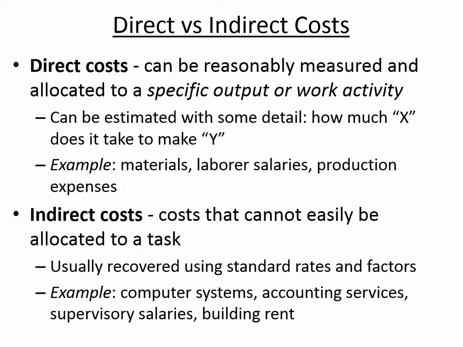And the reason why building rent would be considered an indirect cost is because you never really know exactly how many phones you can make in a certain square footage of factory space. And so it's not directly attributable to the output of whatever's being made. So direct costs and indirect costs. Any questions so far about that?